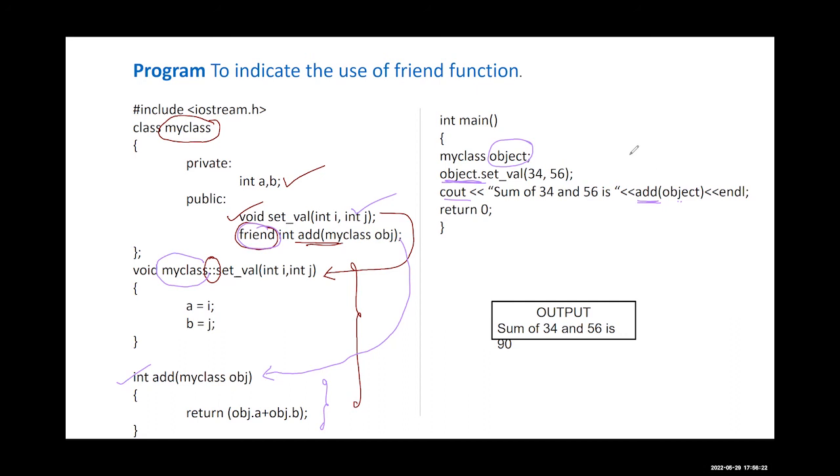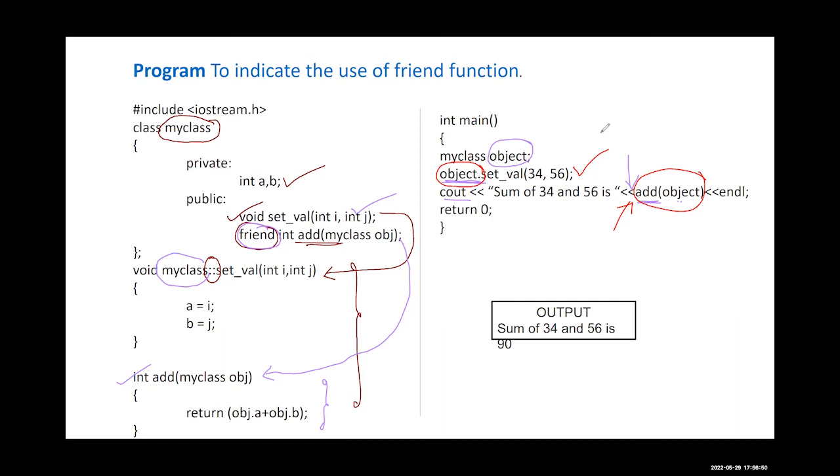But you can see that there are no prefixes, meaning I am not using any object dot operator here when I am calling the friend function. So this is what we were talking about. Whenever we have to call a friend function, we call it the way we usually call a normal function, whereas when we are calling a member function, we have to use the object dot operator.